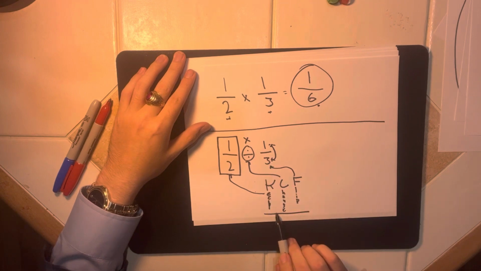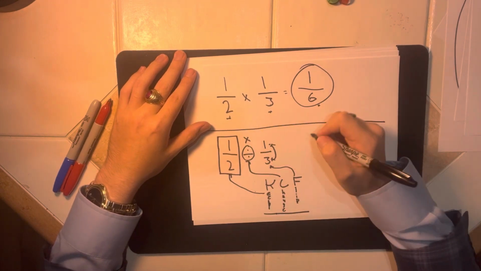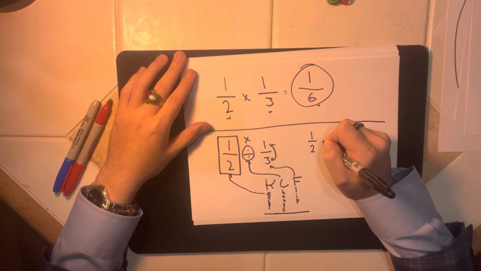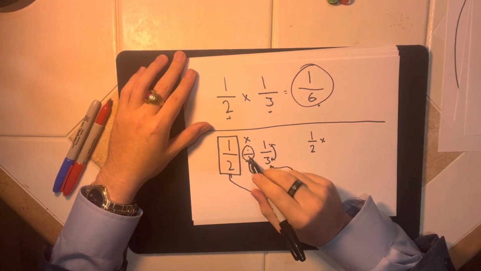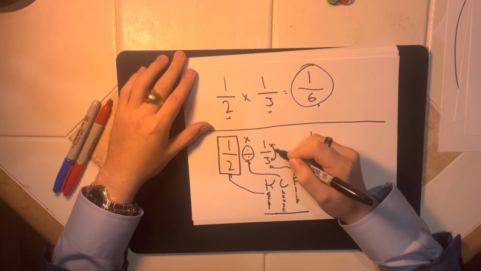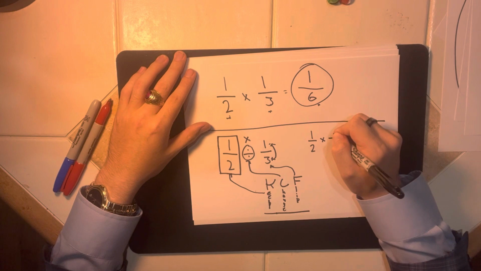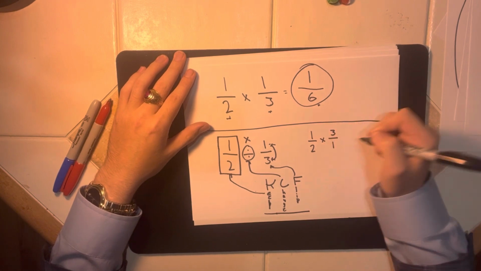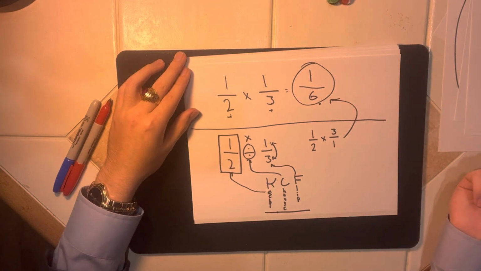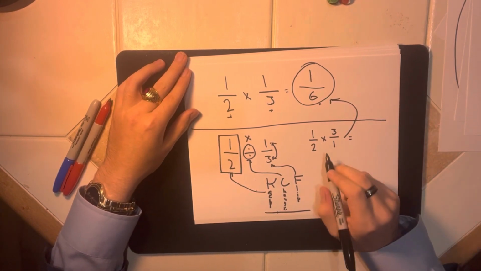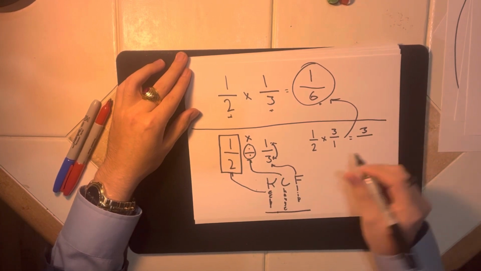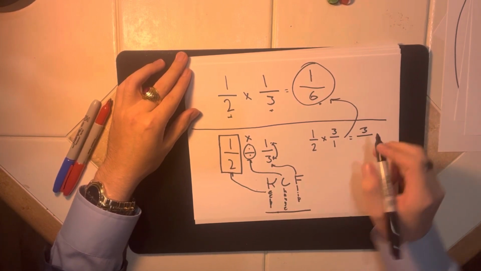We translate it using the keep, change, flip, and now we keep the first fraction the same. We change this division to multiplication, and we flip the numerator and the denominator like this. Now, we're just stuck with a normal multiplication problem again. This makes it easy. 1 times 3 equals 3 over 2 times 1, which is 2.